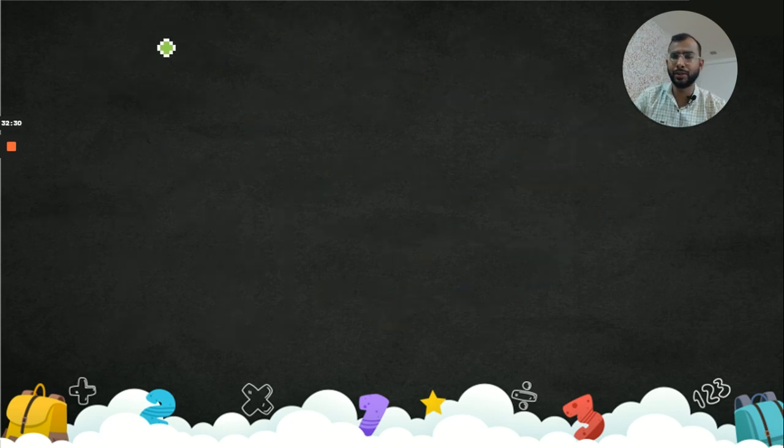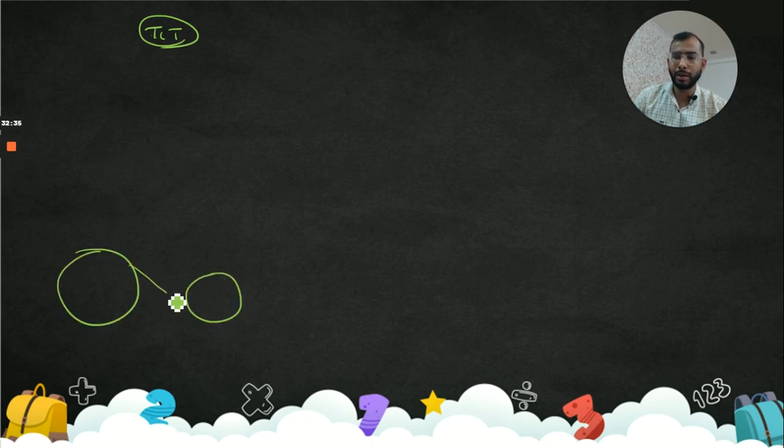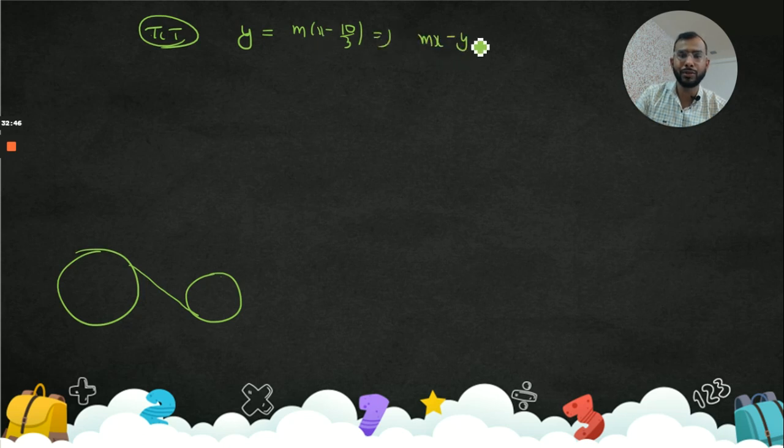Next page पे किया हुआ ज़्यादा सही होगा. Let's talk about TCT. Just a drawing of how it will look like. I'm talking about this line. So y minus 0 is equal to m (x minus 10 by 3). So my equation will look like mx minus y minus 10m by 3 equal to 0.